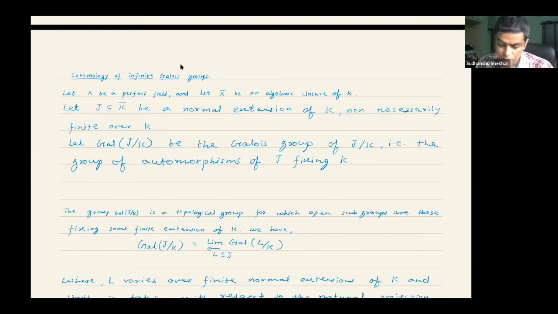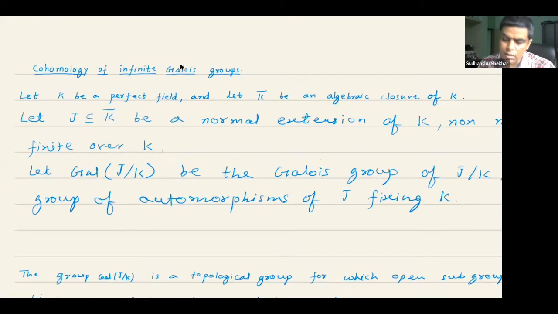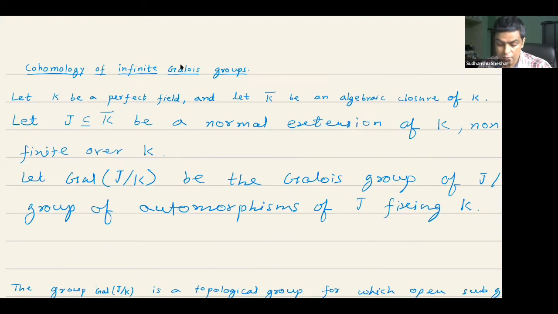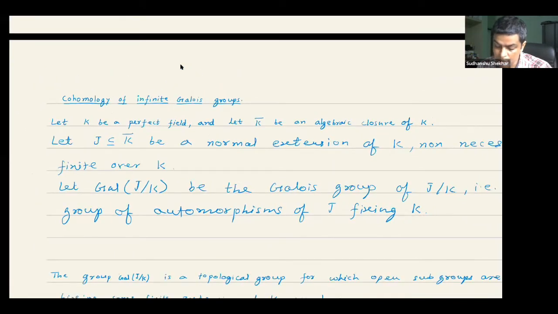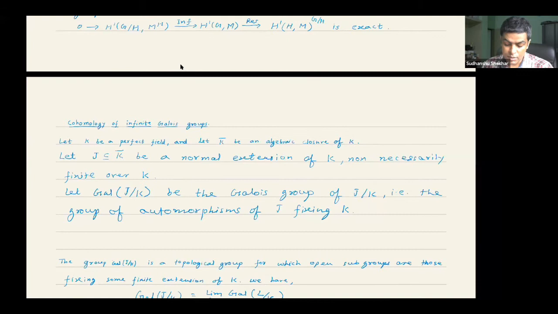So we will be mostly considering only perfect fields in these lectures. So let K be a perfect field, and let K bar be an algebraic closure of K. And let J subset of K bar be a normal extension of K, not necessarily finite.